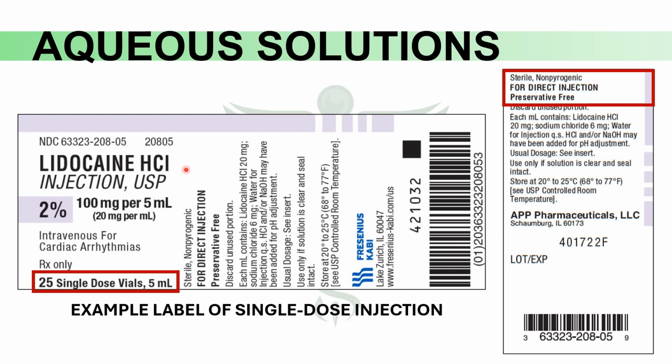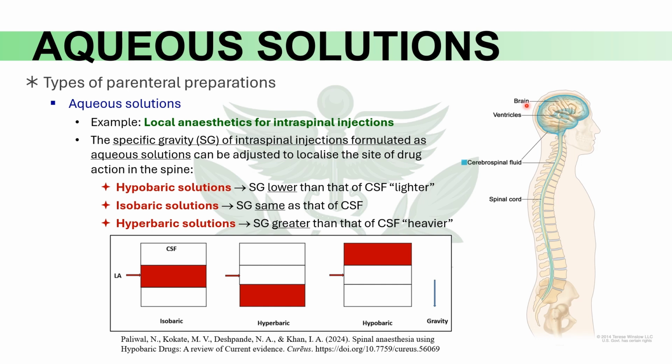Here we have a lidocaine hydrochloride injection label. I want us to notice here that the solution is packaged into a single-dose vial with no preservatives added, as we just said. An example of aqueous solutions is local anesthetics for intraspinal injections.